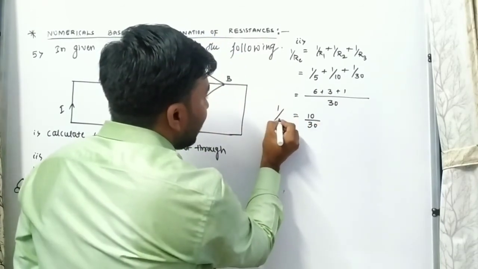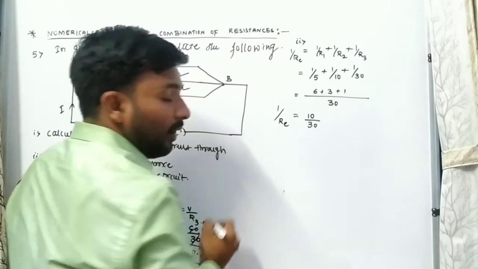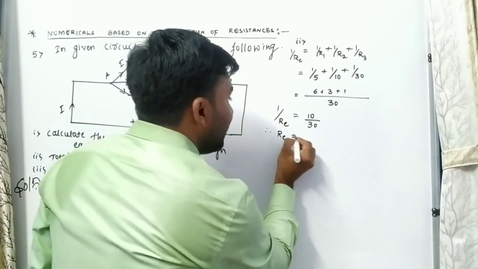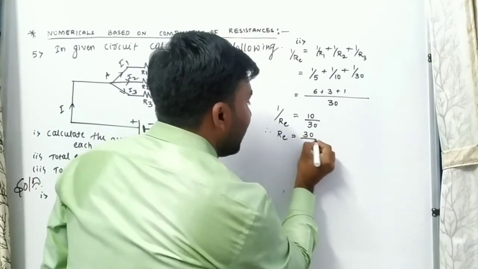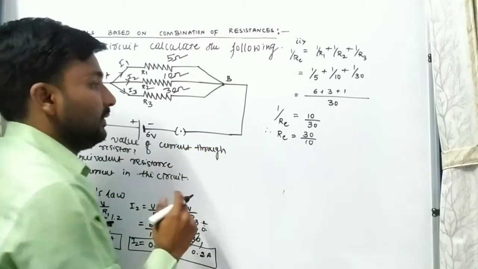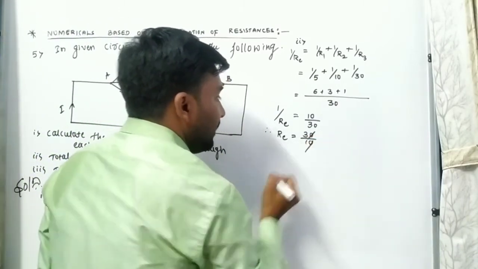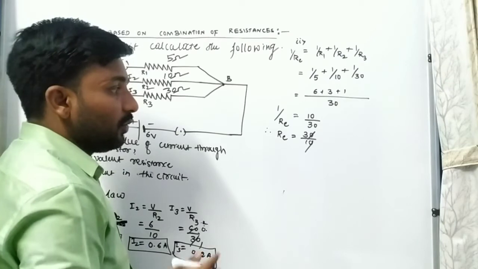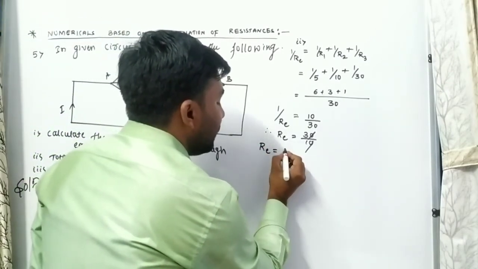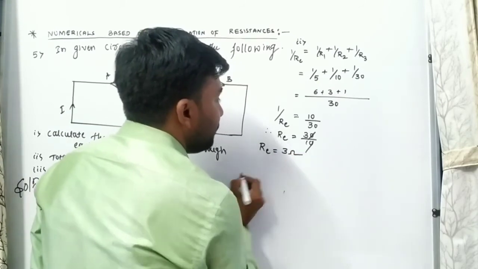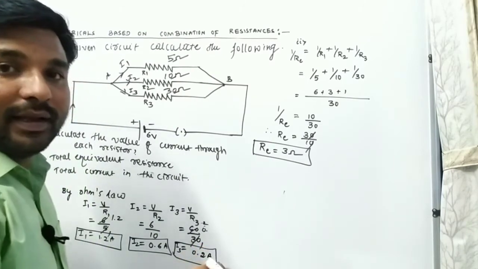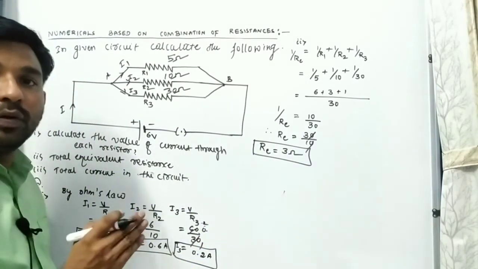On the LHS we have 1 by R equivalent. Therefore, R equivalent is equal to 30 divided by 10. I have just taken the reverse. The zeros cancel together. So R equivalent is equal to 3 ohm.